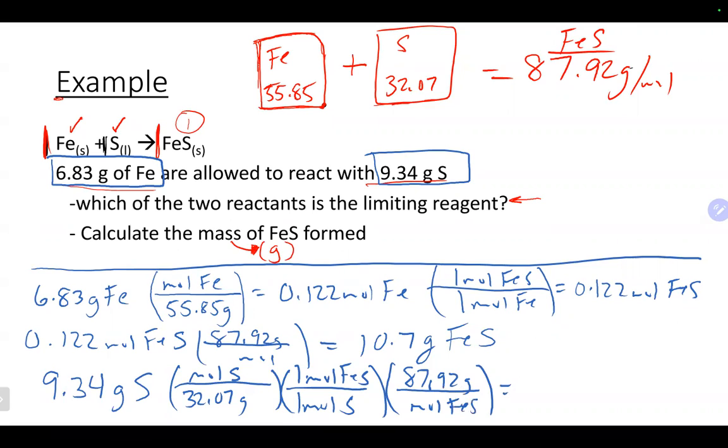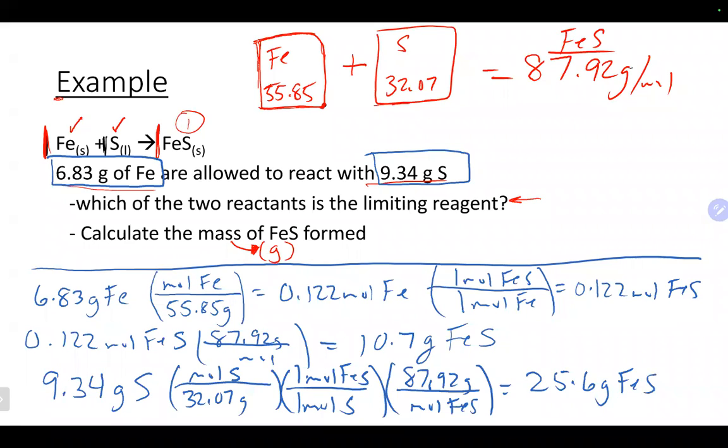So again, as we talked about last time, you don't have to necessarily get an answer at each step. You could just do one big calculation there. And if you did that, what you would end up with is about 25.6 grams of iron 2 sulfide.